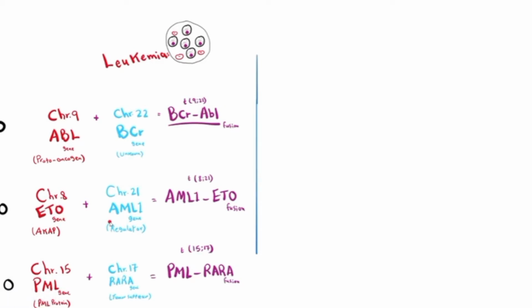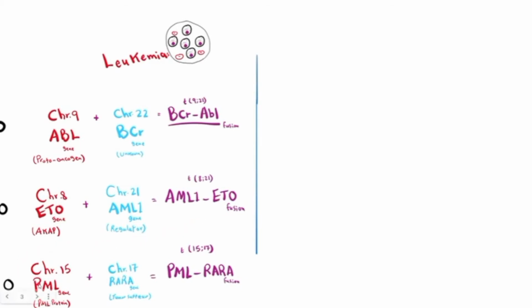That means it makes sure that the cells differentiate and proliferate normally, so we can say it's a tumor suppressor. The fusion or translocation between those two will lead to the inhibition of this one, meaning now we'd have less regulated cells, right?